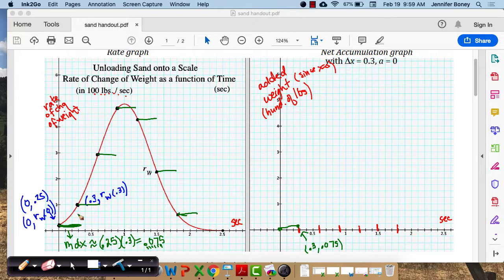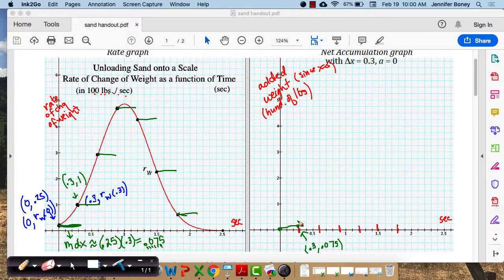If I wanted to do accumulation during the later intervals, there are much higher rates of change. So I'd have a steeper graph, and I might be able to figure out where it goes from there. But just, let's see, during the next interval, this looks like a rate of about 1. So it looks like 0.3, comma 1. And if I use this rate of 1 for the next 0.3 seconds, it should increase by 0.3. That's increased by 0.3, not have a y value of 0.3 in this next graph.